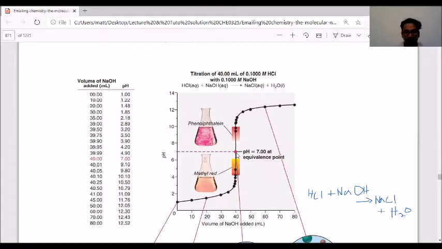This is the point we call the equivalent point. End point, apa pula end point ni? End point ni is when the color of the indicator changes. That is the end point. It changes permanently.